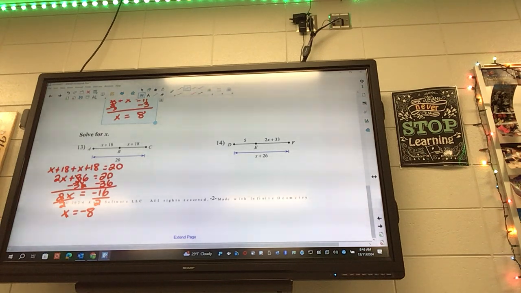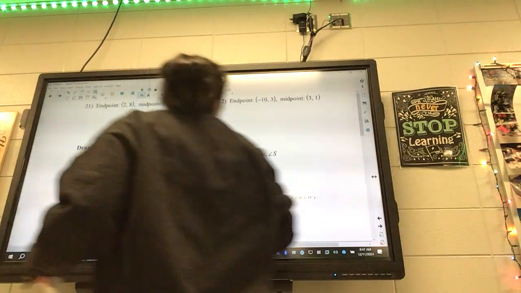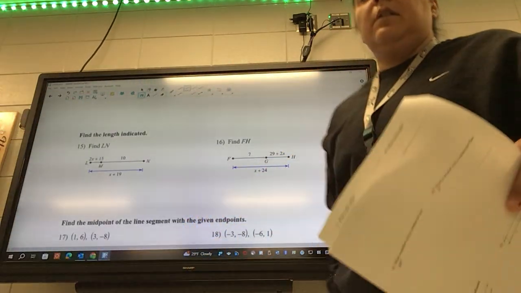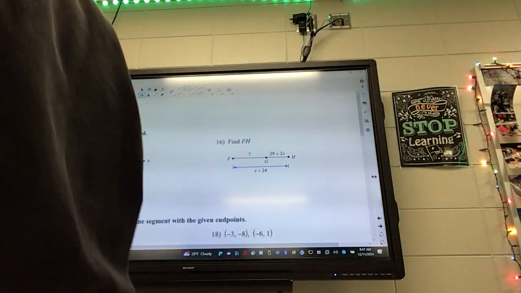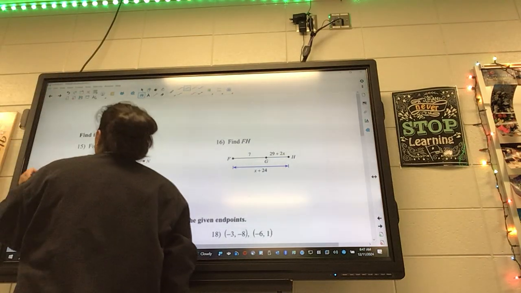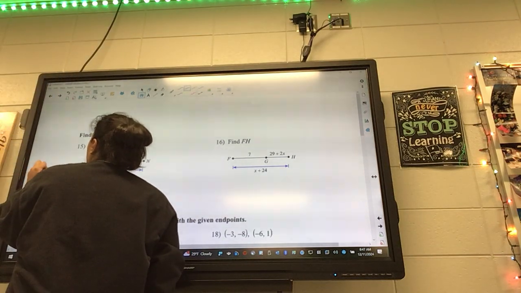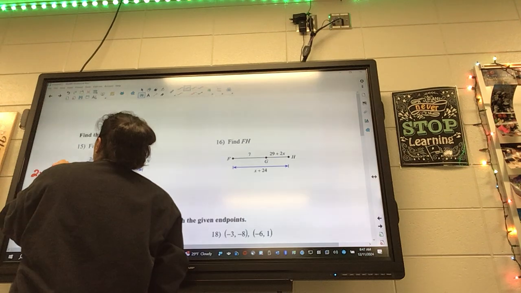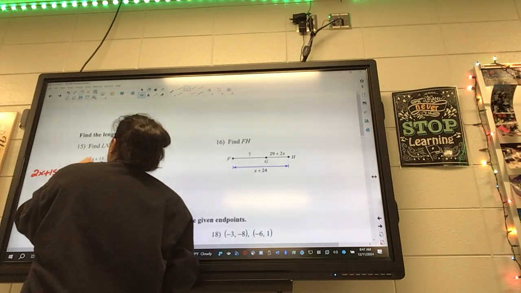Okay, 15 is essentially the same. We're going to say the little plus the little equals the big. Again, leave yourself some room to write, because I did not, so write small. So we got 2x plus 15 plus 10 equals x plus 19.